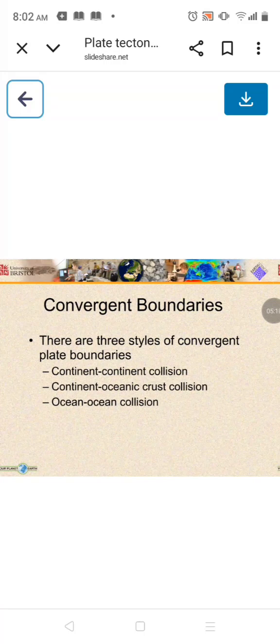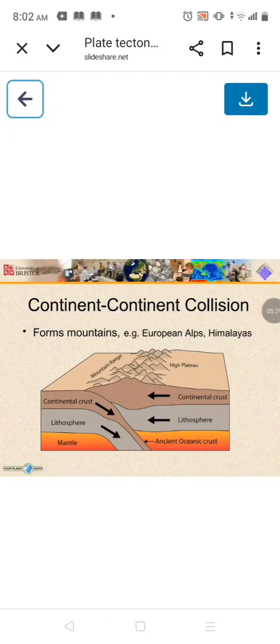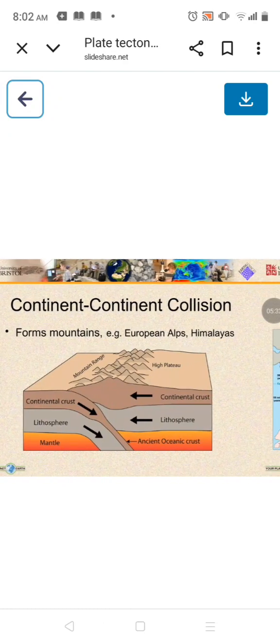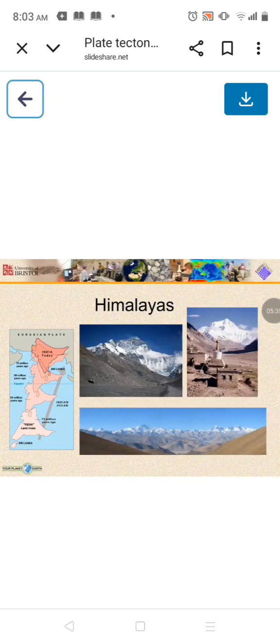Then convergent boundaries. There are three styles of convergent boundary: continent collision, continent-oceanic crust collision, ocean collision. Continent collision forms mountains like the Himalayas.